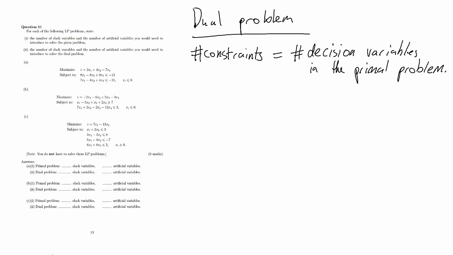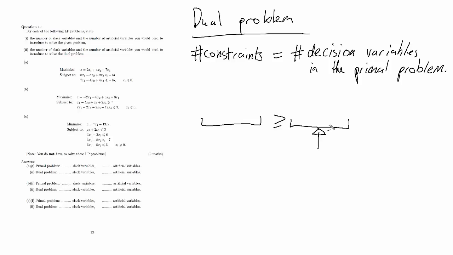To count the number of artificial variables, we don't actually have to know the constraint in full. When we convert the primal problem into the dual problem, we get constraints of this form. Something greater than or equal to something else. It doesn't matter what appears on the left-hand side. All we're interested in is what appears here.